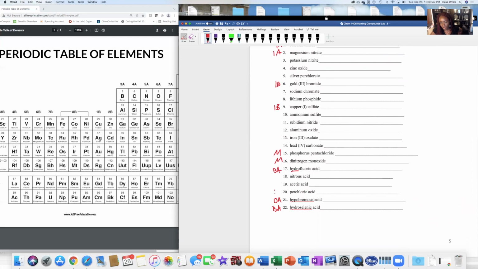Ic acid, also oxyacid. Ous acid, oxyacid. So essentially, these are all oxyacids. And remember, to get to the ous acid, you came from the ite. To get to the ic acid, you came from the ate, right? The ate and ic, the ite and ous.